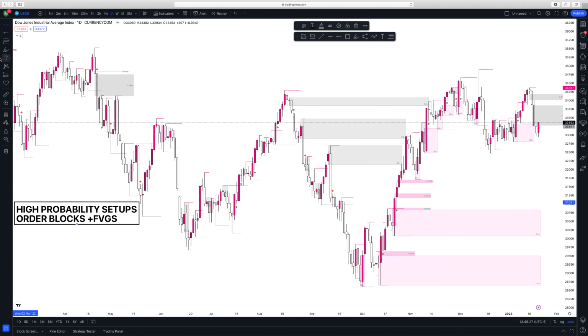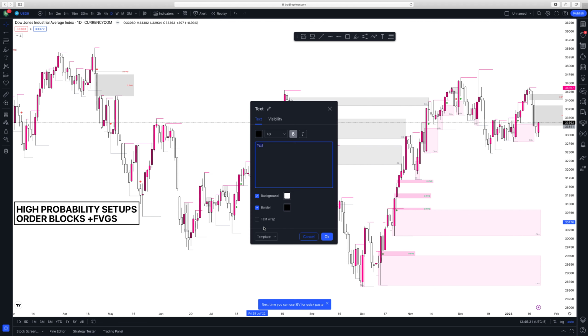So the rules for this setup, I'm just going to go ahead and type out the rules really quick. The rules are you always want to see, number one, a draw on liquidity. Number two, you want to see an order block.